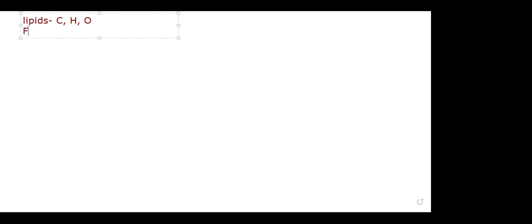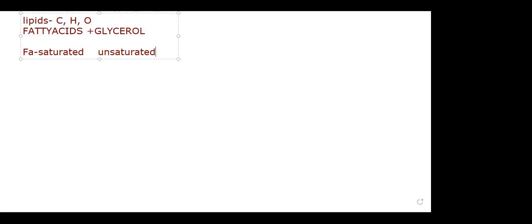Lipids are made up of fatty acids and glycerol. Fatty acids are of two types: saturated fatty acids as well as unsaturated fatty acids, based on the presence of double bonds and single bonds.